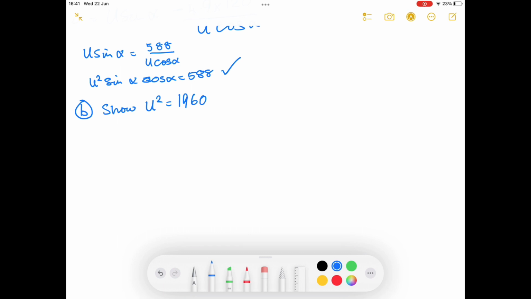We know the distance is 10 meters, so s equals 10.